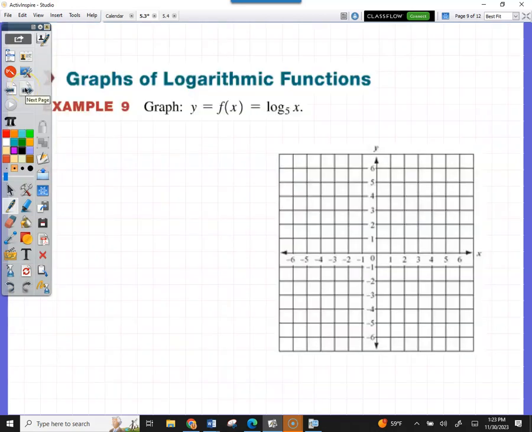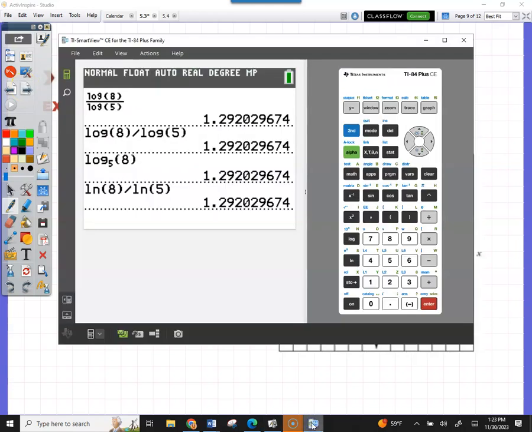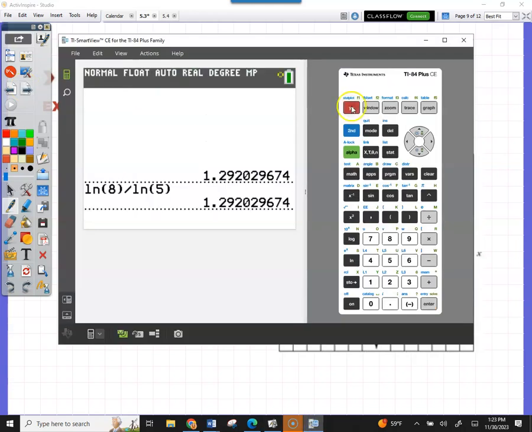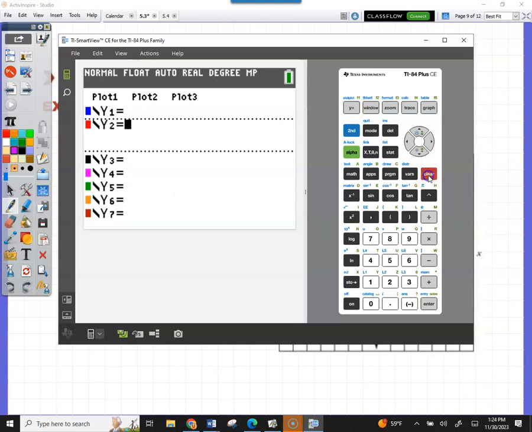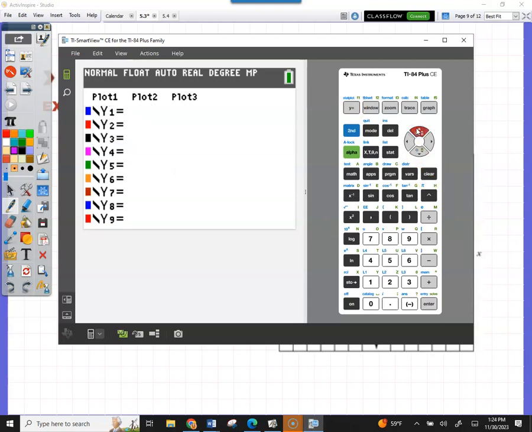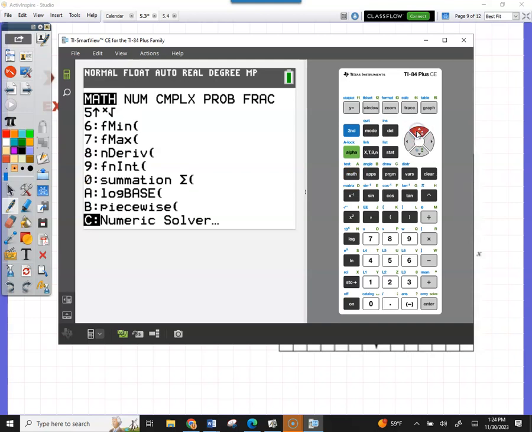Let's look at the graphs. Log base 5 of x. Here's how you type it in the calculator. Go to y equals. Clear out anything that's in there. You're going to need to pull the log base formula up, so remember how to get that. Math, arrow up.